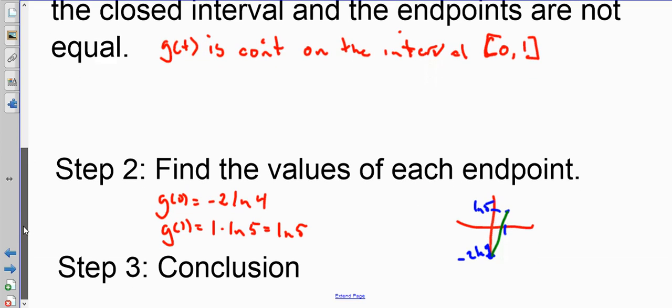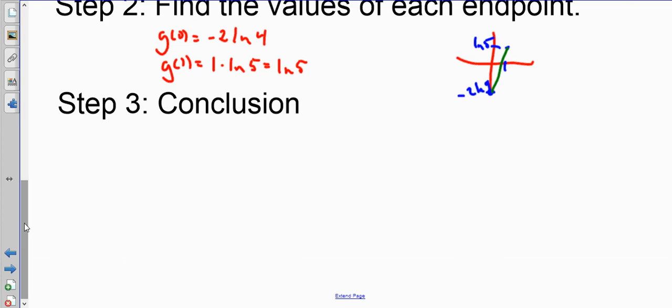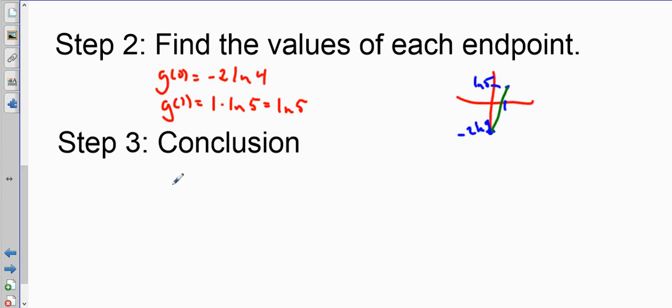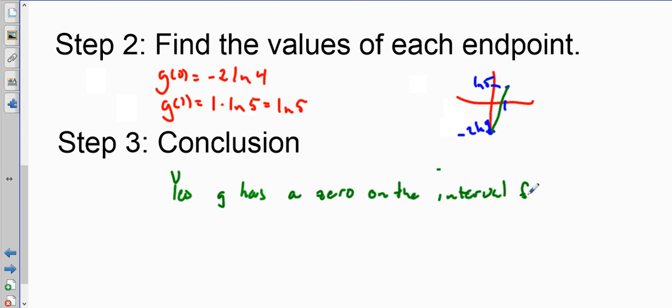And so right here, we can make our conclusion, is that we can conclude that, yes, g has a 0 on the interval from 0 to 1 because of IVT, intermediate value theorem.